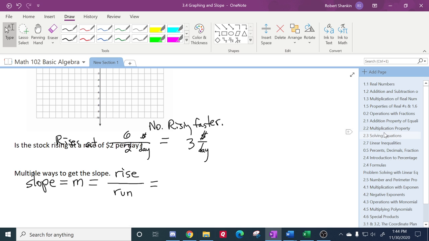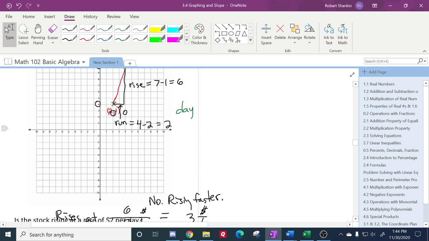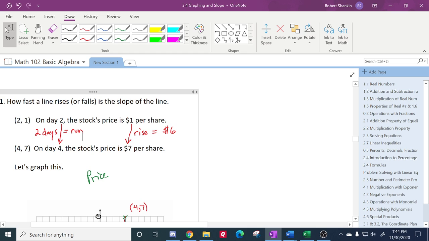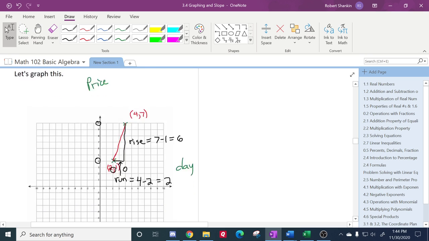Right. So we get the slope is the rise over the run. And see these numbers, the 1 and the 7, were the y coordinates. And it's the change in the y coordinates.